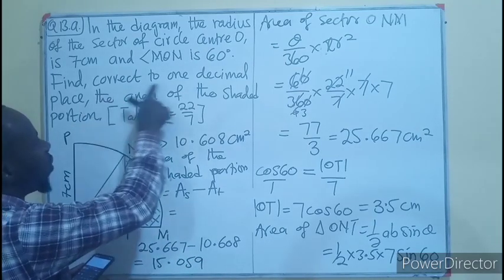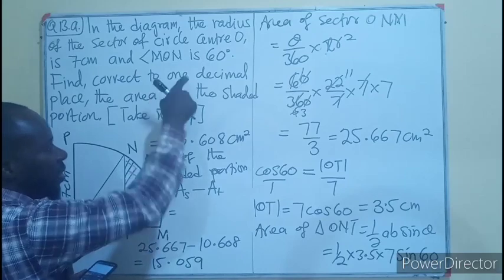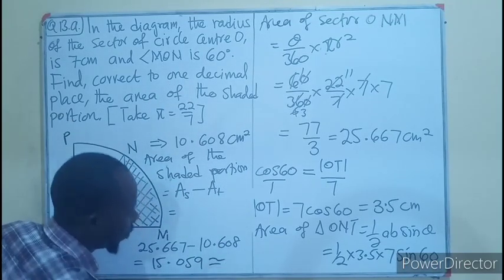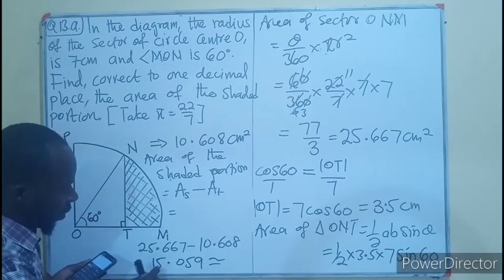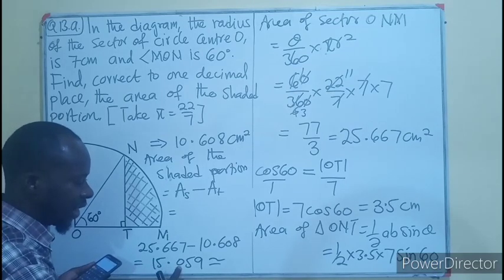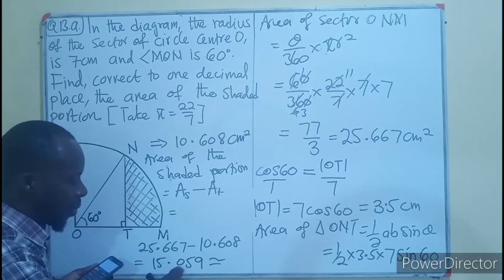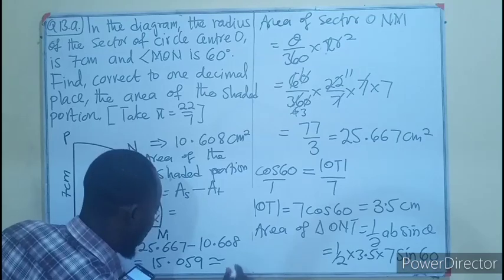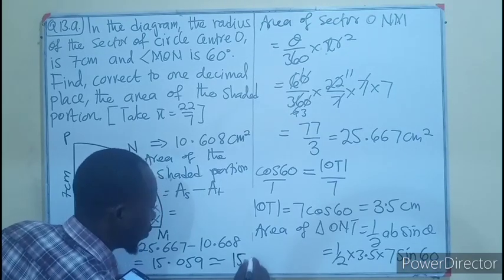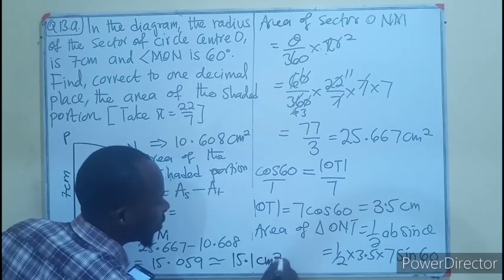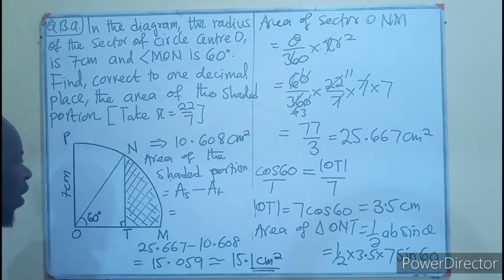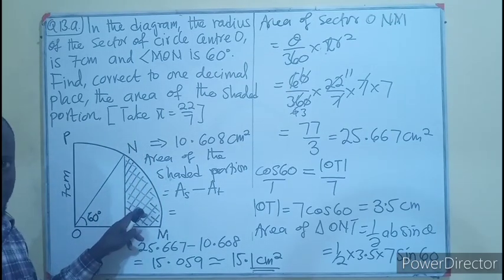But the question says correct to 1 decimal place. So the approximation is going to be, this is the whole number, so this is the first decimal place, and the 5 will be approximated to give us 15.1 centimeter squared as the area of the shaded portion.